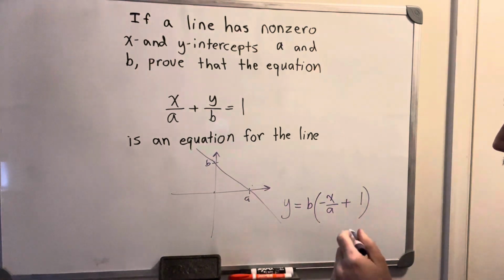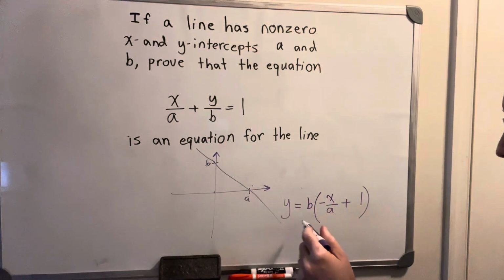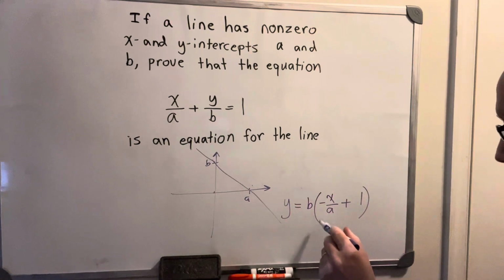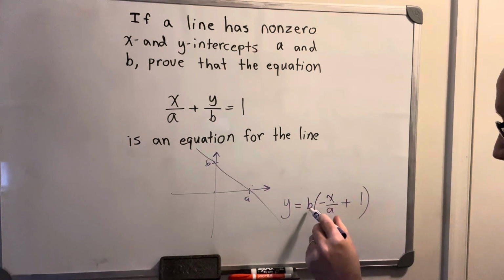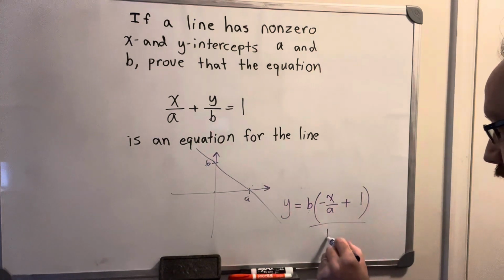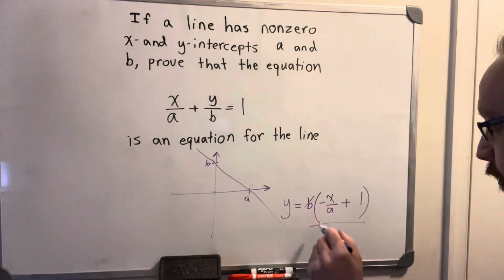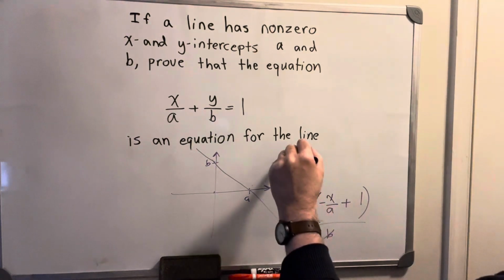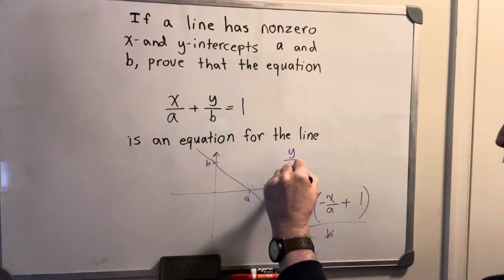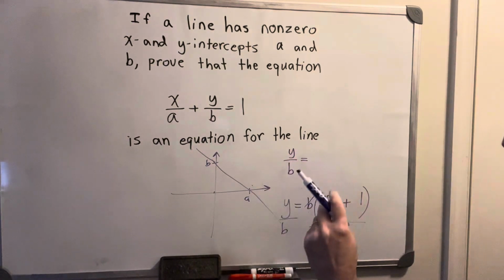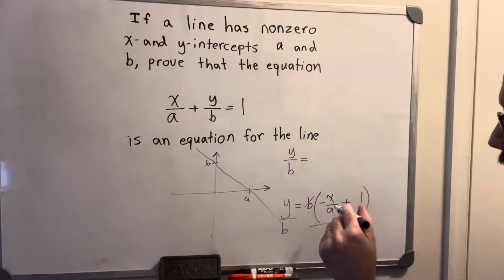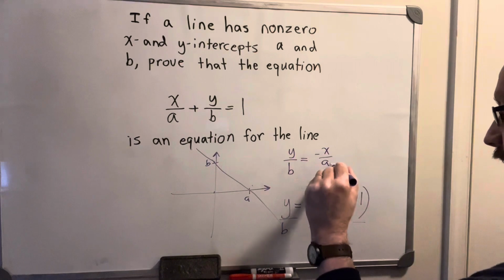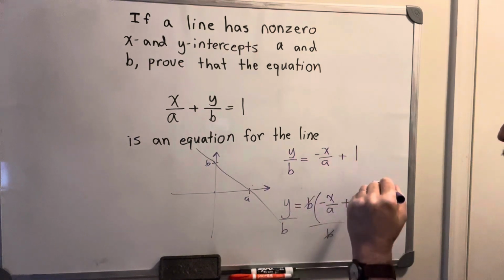Now, what can we divide both sides by to get this by itself? b, right? We're going to divide this side by b, so b over b cancels out. But we divided this side by b, so we've got to divide this side by b. So now we can write y over b equals, this is all that's left. I'm going to get rid of the parentheses. We're going to say minus x over a plus 1.